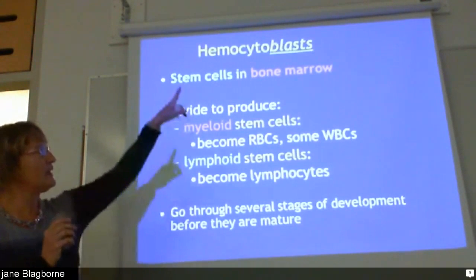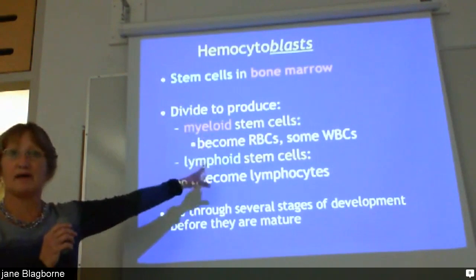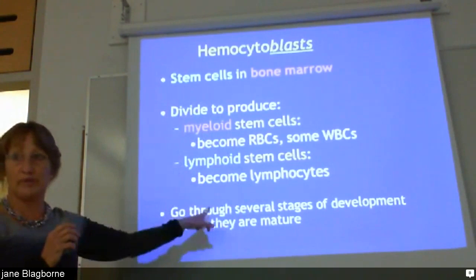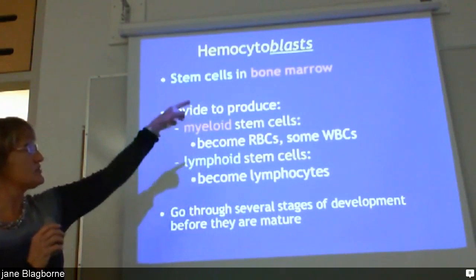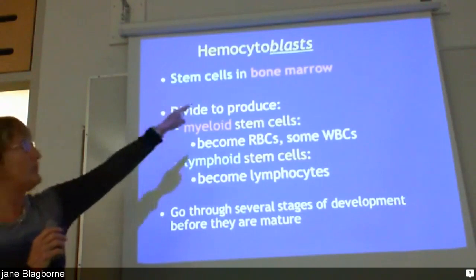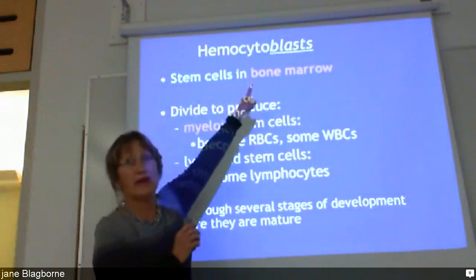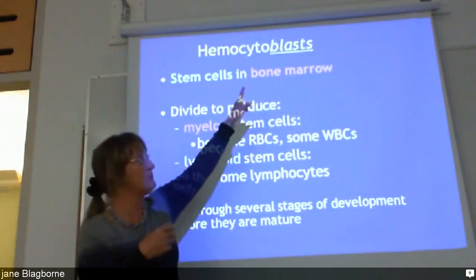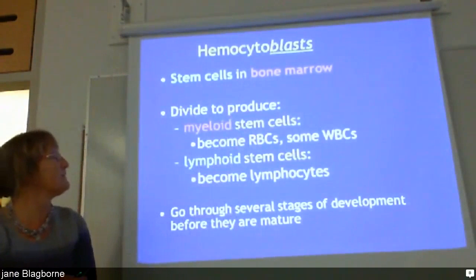Hemocytoblasts. Now, we're back into the blasts, like the class that we had in bone, in the skeletal system. So it's just the same. Remember the B in blast is always building, right? It means you're building something.